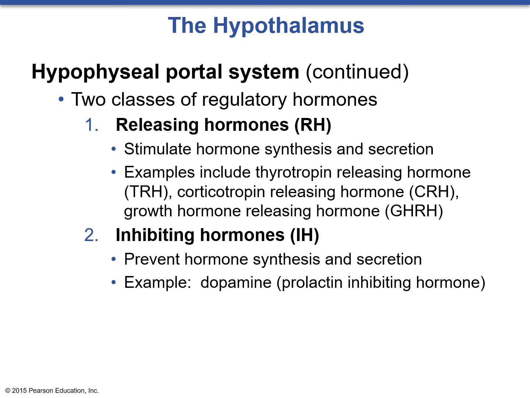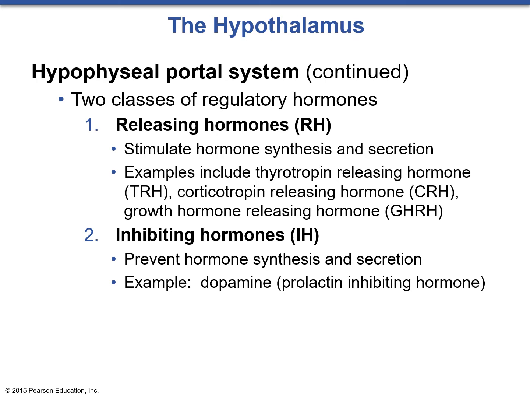Thyrotropin releasing hormone causes the release of thyroid stimulating hormone in the anterior pituitary gland. Corticotropin releasing hormone causes the release of adrenocorticotropic hormone. And then growth hormone releasing hormone, I think you can guess what that causes release of. That's right, it's growth hormone.